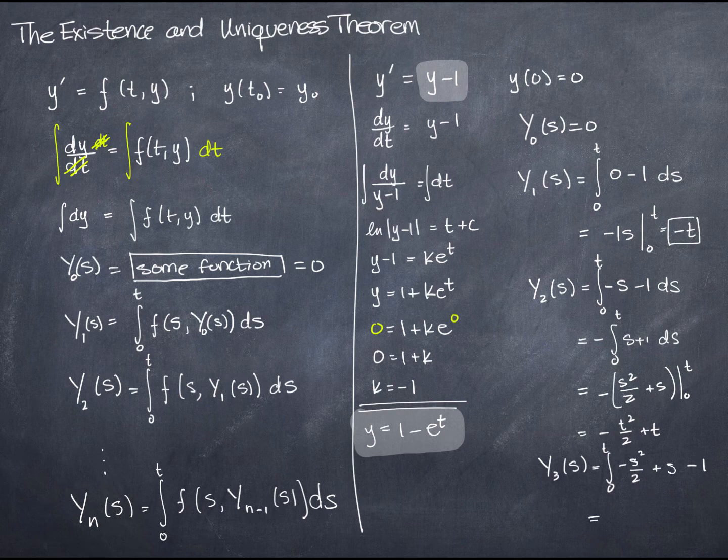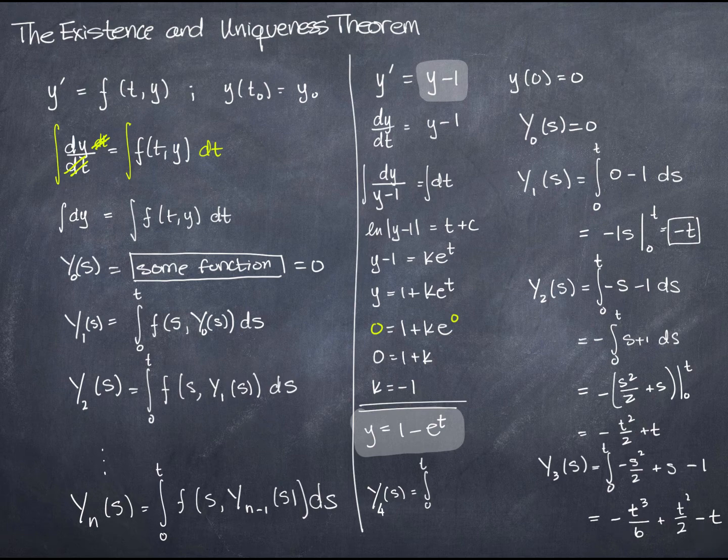And that gives me, I won't work that one out here, but I'll tell you the answer. When I do that integration, I get negative t cubed over 6 plus t squared over 2 minus t. And if I do the same thing for y4, I'm just going to do one more here. y4 will be the integral from 0 to t of this function here minus 1.